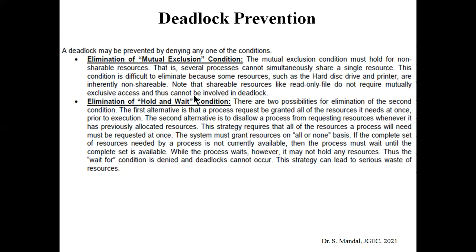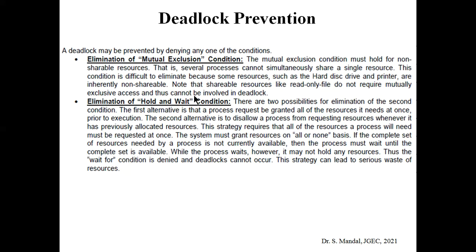We need to eliminate any of the four necessary conditions. The first one is elimination of the mutual exclusion condition. If we are able to make the resources shareable, we can easily eliminate the mutual exclusiveness condition.